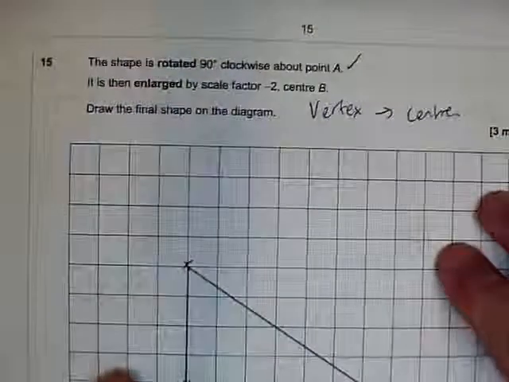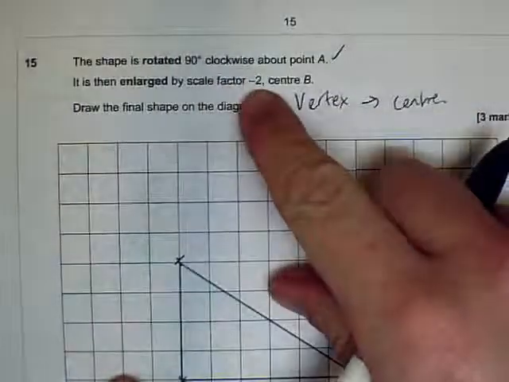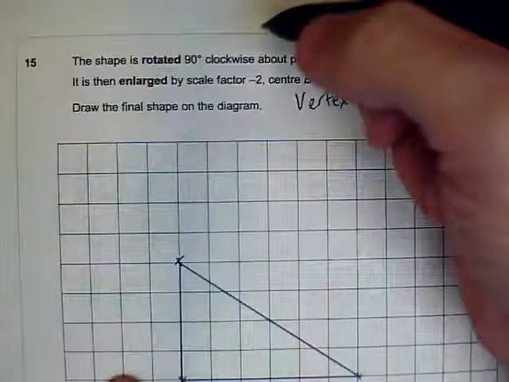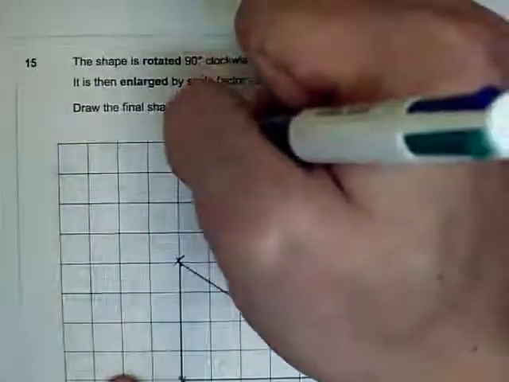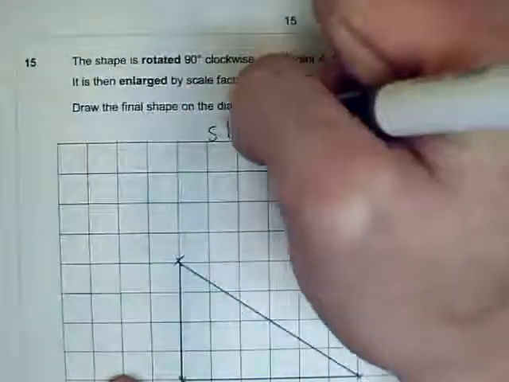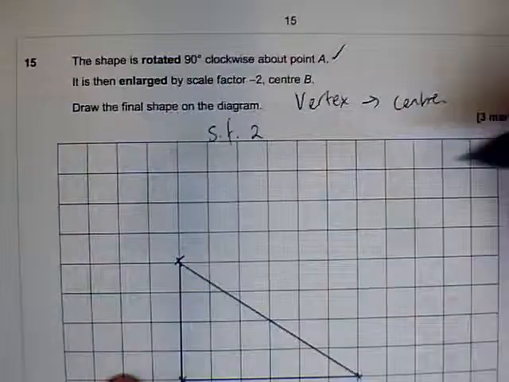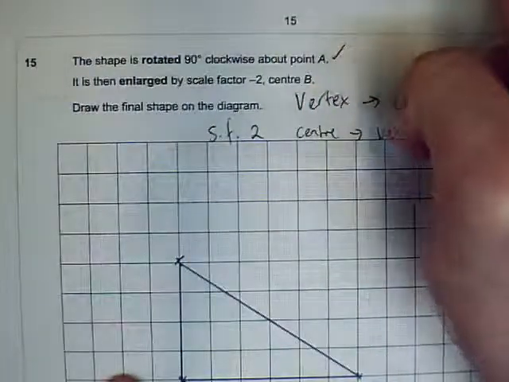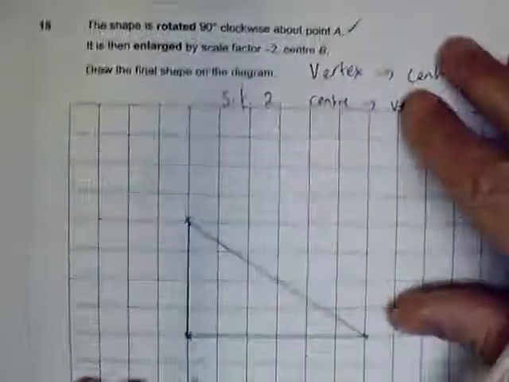So what you need to remember, if it's a negative enlargement, we count from the vertex to the center. If it's a positive enlargement, so say it's scale factor 2, not -2, we count from the center going to each vertex.